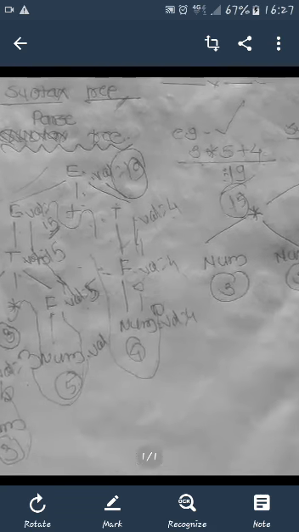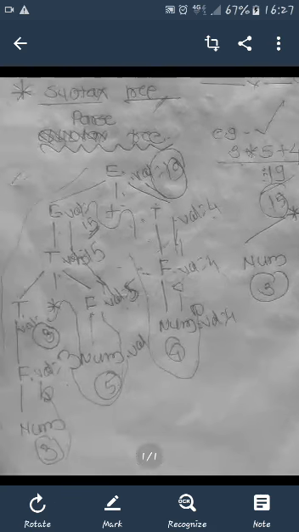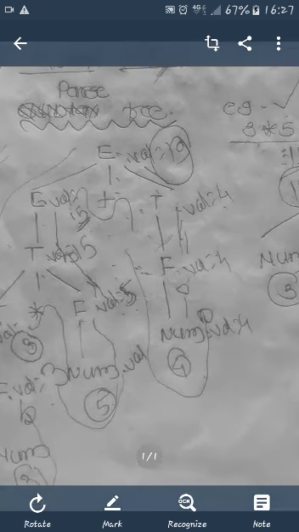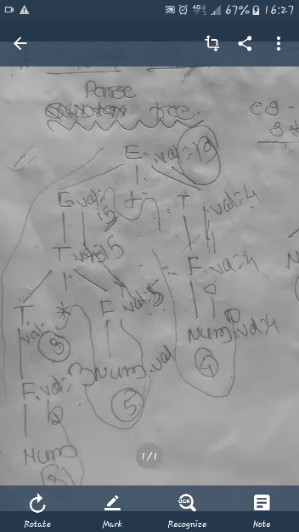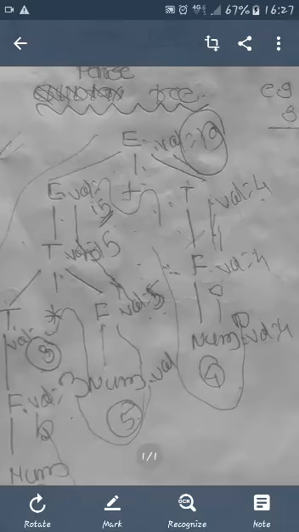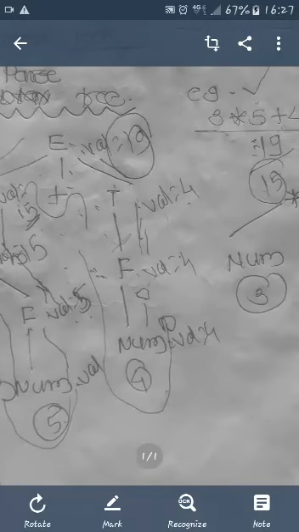So here we have a particular parse tree. E produces E plus T, then we have T produces T star F, then T produces F and F produces number. And here F produces number. Next we have T produces F and F produces number.